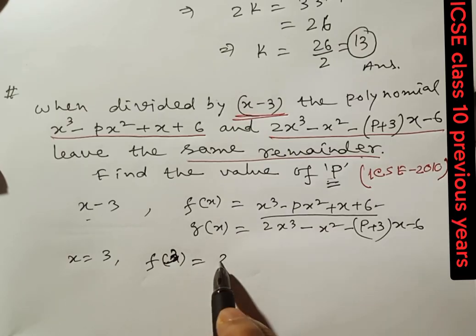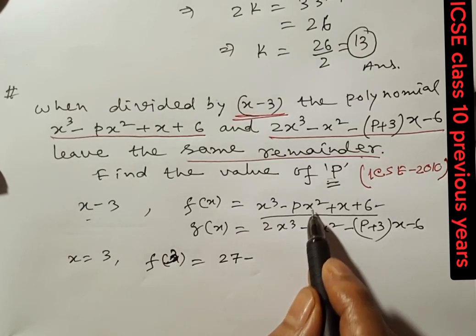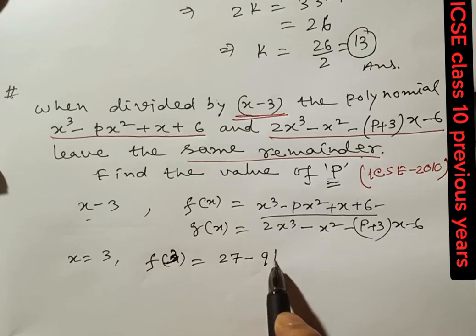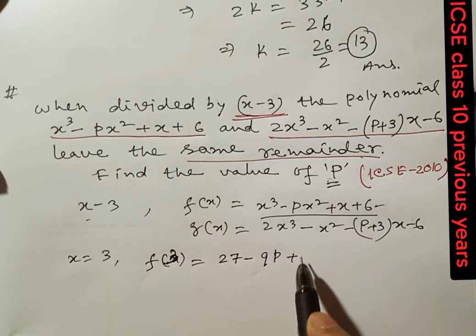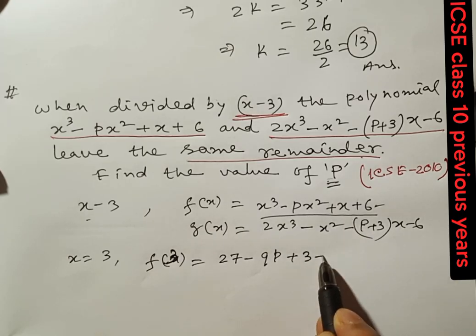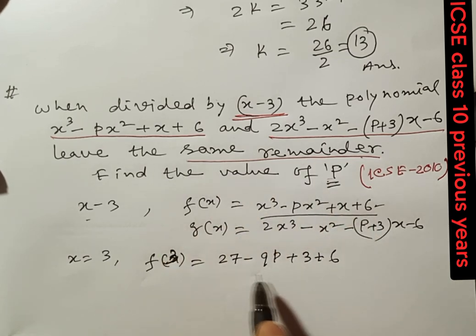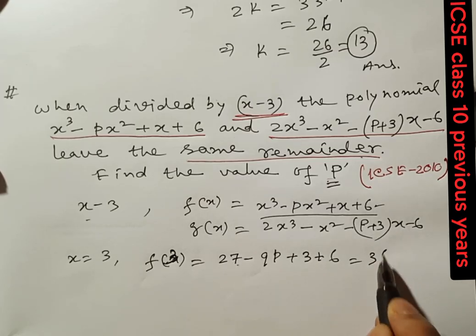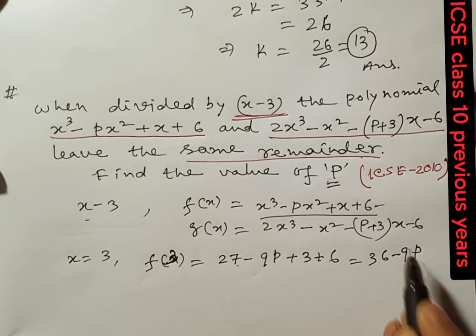3 cube 27 minus 3 square 9p plus 3 plus 6 plus 6. This will be 36 minus 9p.